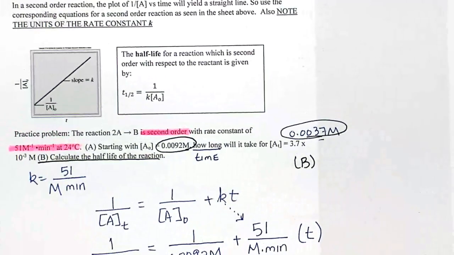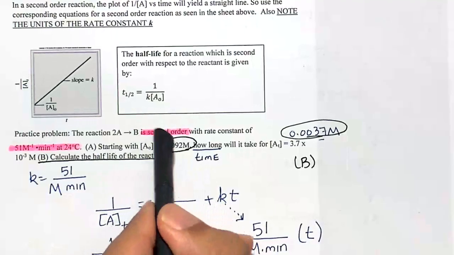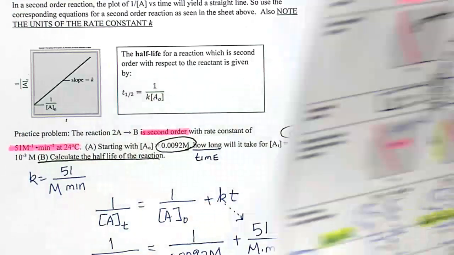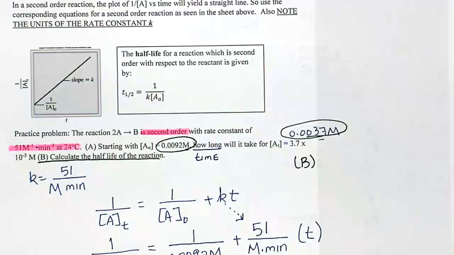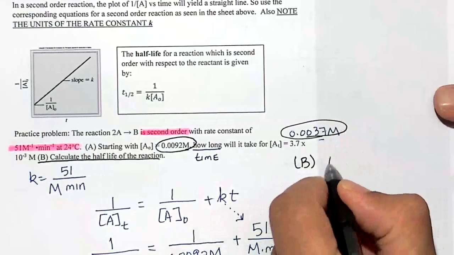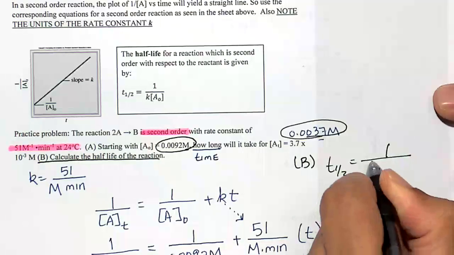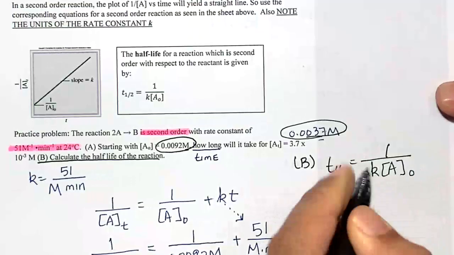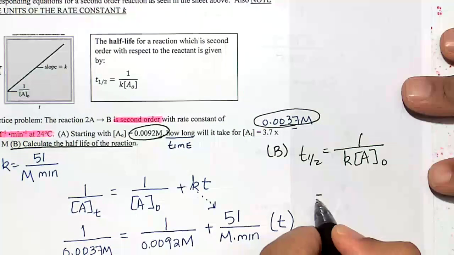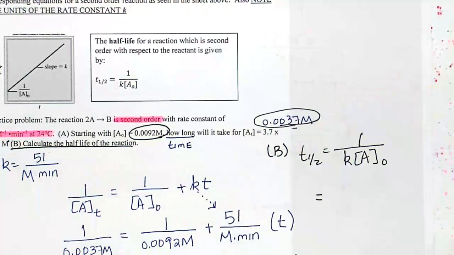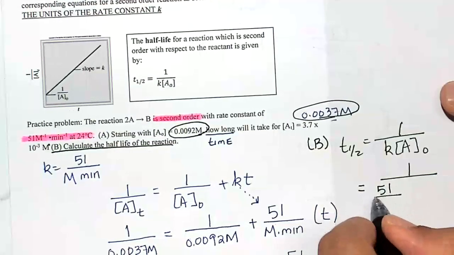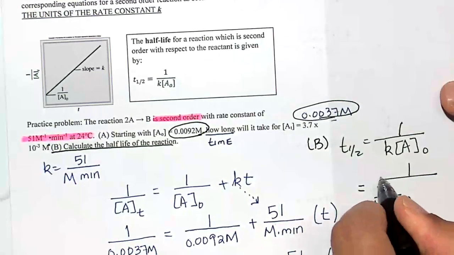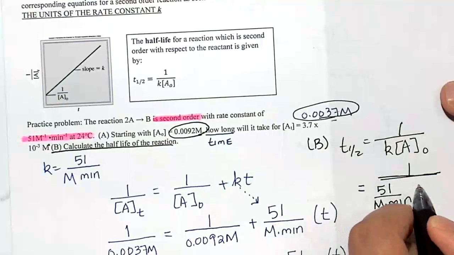Okay, so the half-life. What is the equation for the half-life? And what order is this? Second order. So we are going to use this equation, 1 over k A naught, initial concentration A naught. Okay, so k is this 51. What is the initial concentration of A?